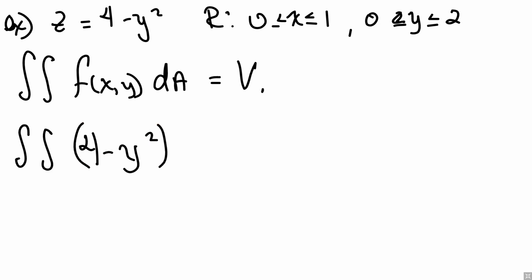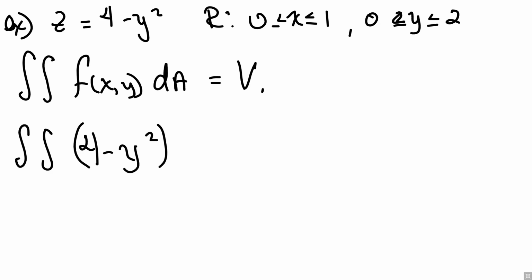Now, in this particular problem, you'll notice there are no x values in here. So it really doesn't matter whether you integrate with respect to x first or y first. I'm going to do y first because everything's defined by y.